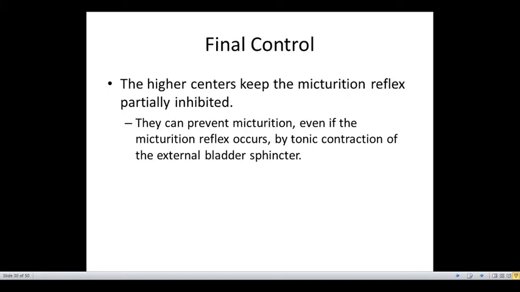Final control. The higher centers keep the micturition reflex partially inhibited, except when micturition is desired. They can prevent micturition even if the micturition reflex occurs, by tonic contraction of the external bladder sphincter until a convenient time presents itself.